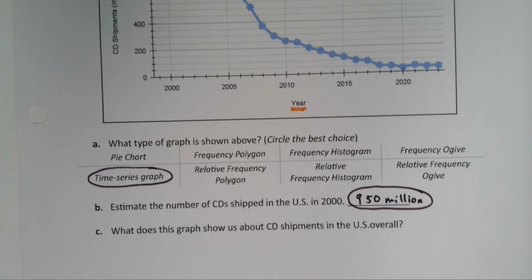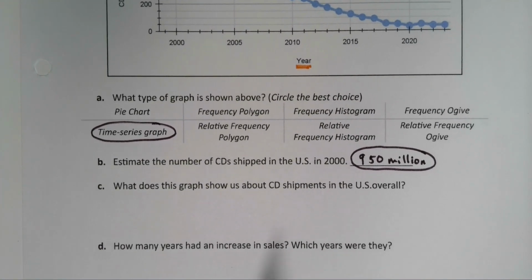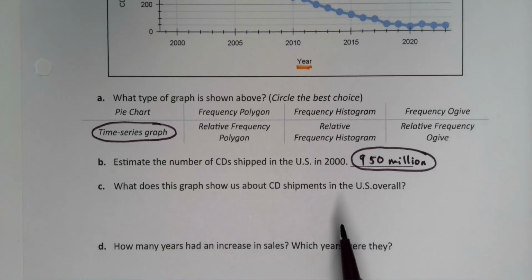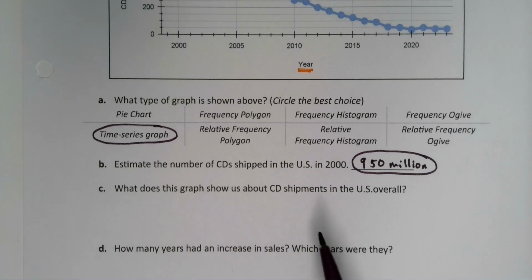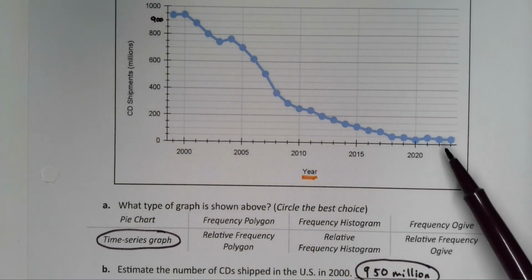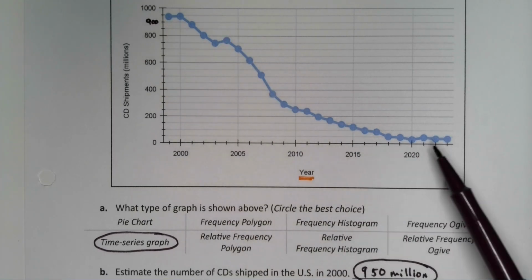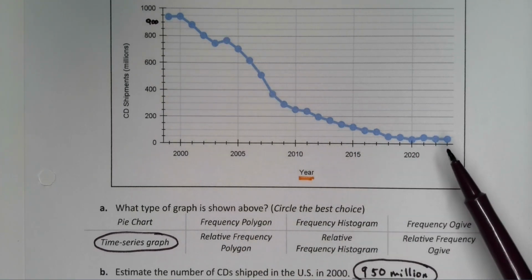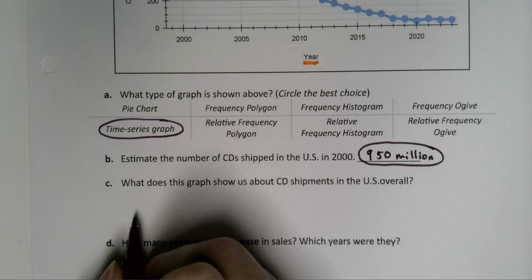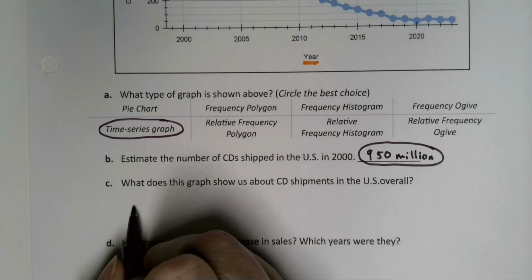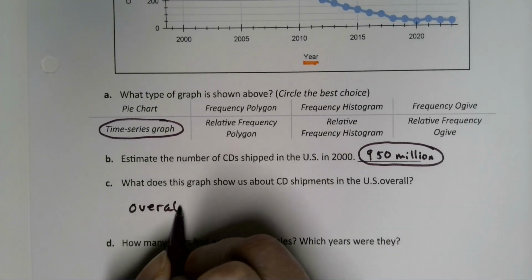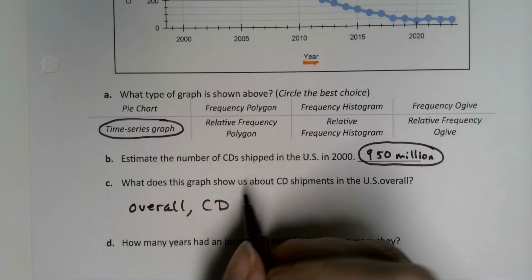Now, one of the reasons they like using this kind of thing in economics is because it allows you to see trends. So what does this graph show us about the CD shipments in the US overall? We are seeing my adulthood and how CD shipments have plummeted during my adulthood. So we can see that overall CD shipments have plummeted.